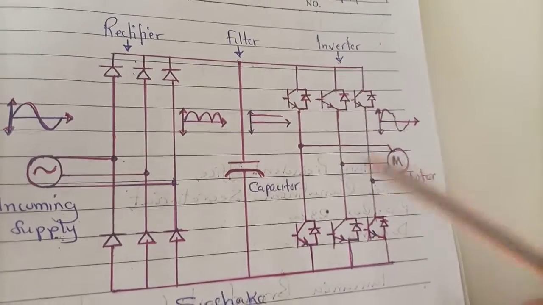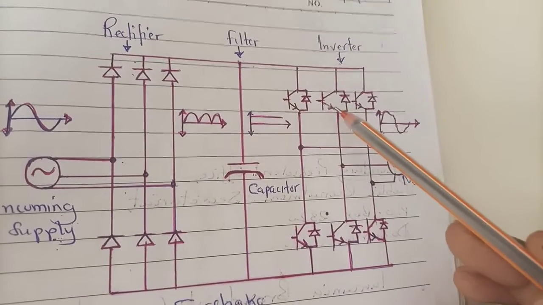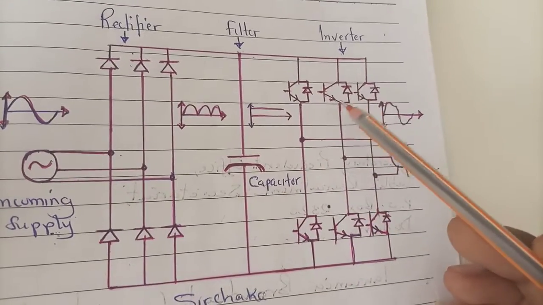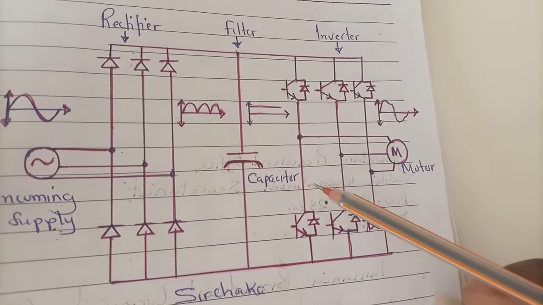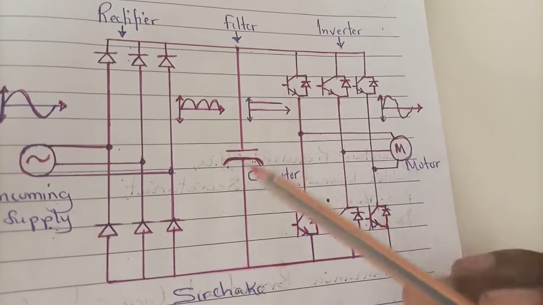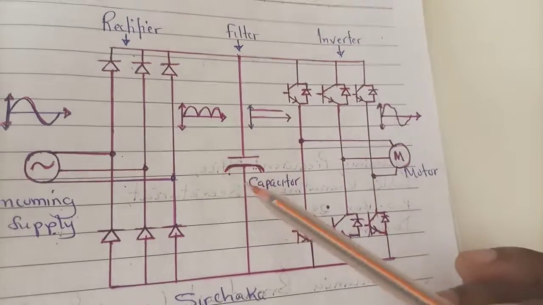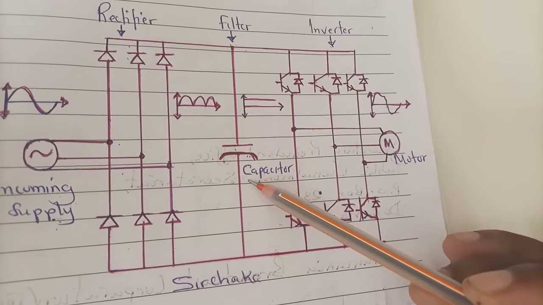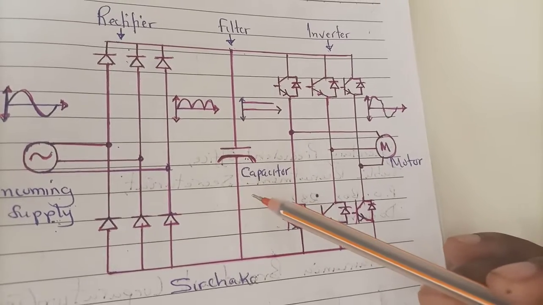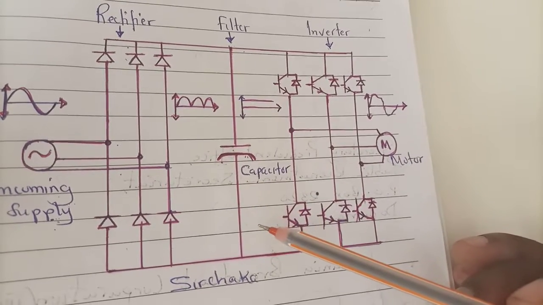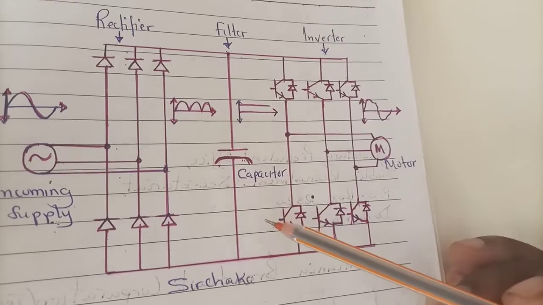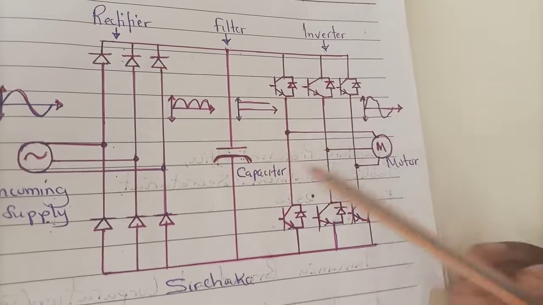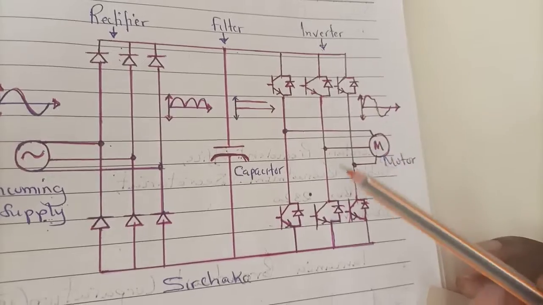Now let us see the function of these inverters. The inverter uses transistors to convert the DC voltage, which is cleaned by this capacitor. After converting this DC voltage, it sends the motor a frequency in hertz.